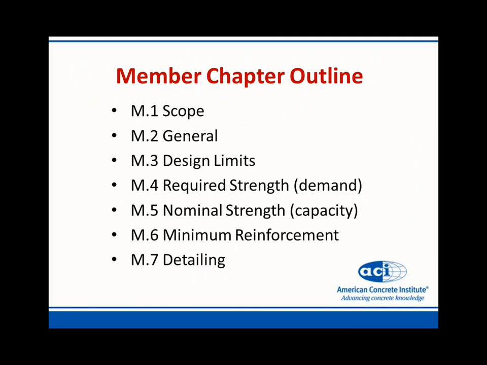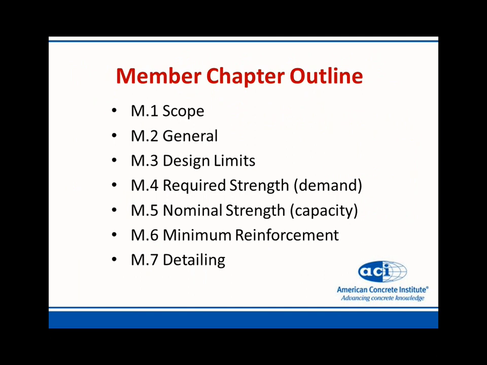I'll talk about these specifically a little later, but they include member section 1, M.1, a scope section, M.2, a general section, M.3, any design limits, M.4 addresses the demand on the member, the required strength, M.5 addresses the nominal strength, the capacity, M.6 addresses the minimum reinforcement, and M.7 addresses any unique detailing requirements for that member.